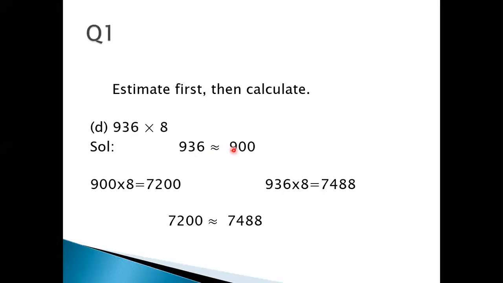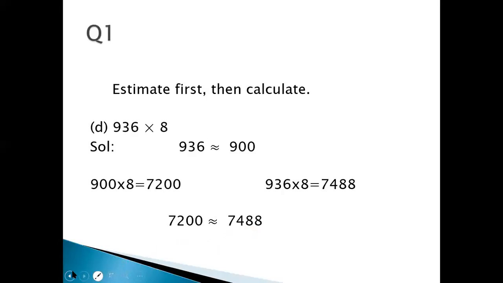The number becomes 900. Just for the estimation, we multiply 900 by 8, which gives us 7200. For exact multiplication, we multiply 936 with 8, which gives us 7488. It means 7200 is approximately equal to 7488, which is close to the exact answer.